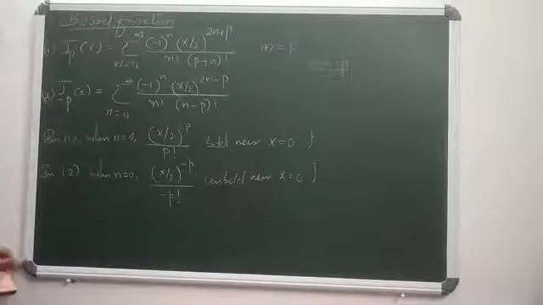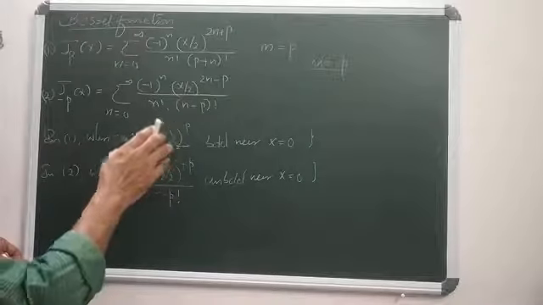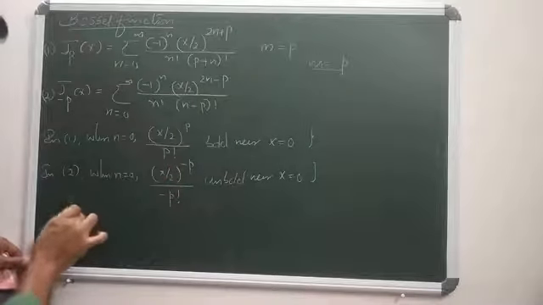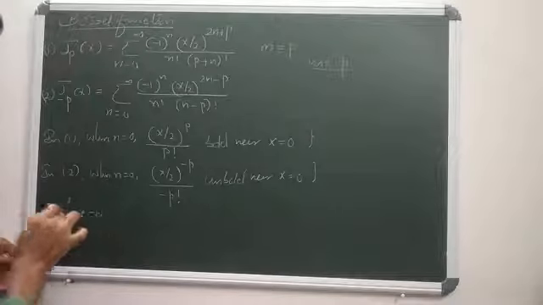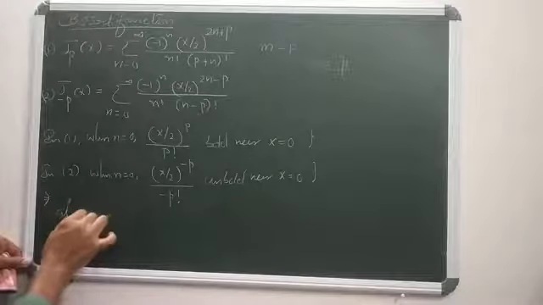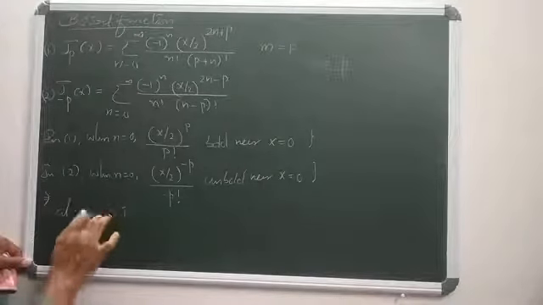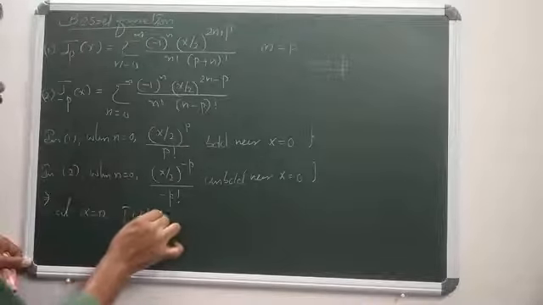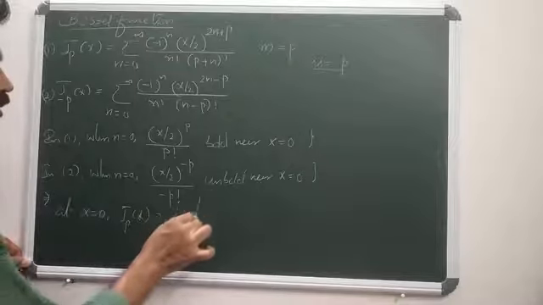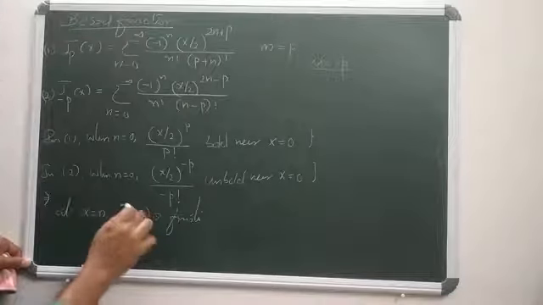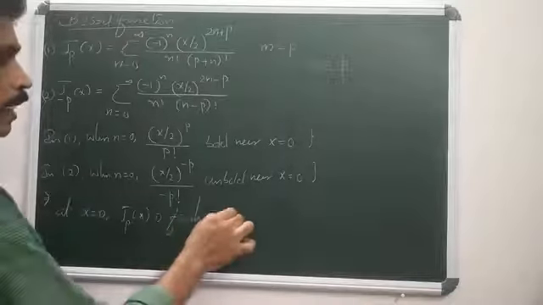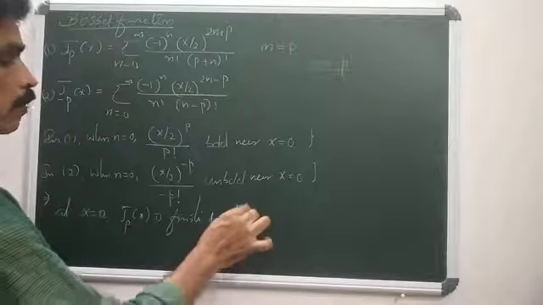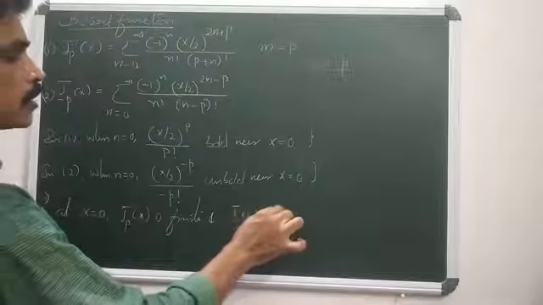That means that J p x is finite at x equals 0. So at x equals 0, J p x, the Bessel function of first kind, is finite, and at x equals 0, J minus p of x is infinite.